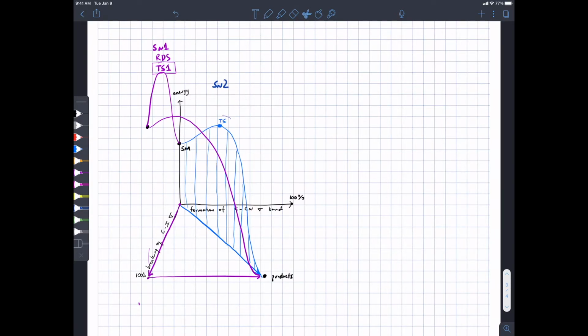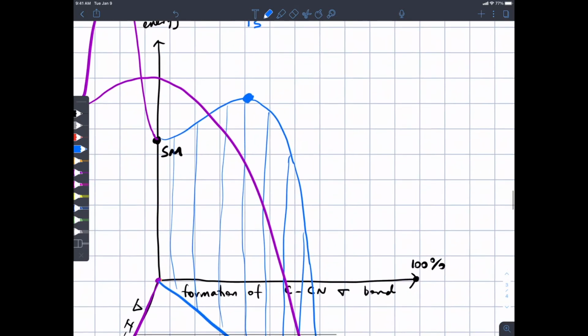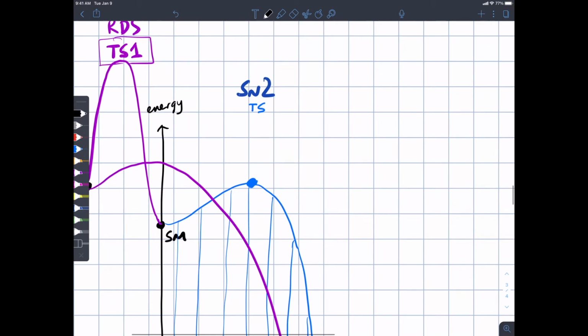We'll use a blue dot to indicate where the transition state initially was. And then let's use the black dotted line to indicate that we are going from methyl to primary to secondary to a tertiary alkyl halide.